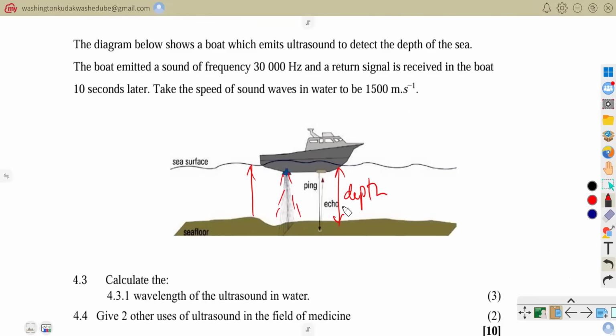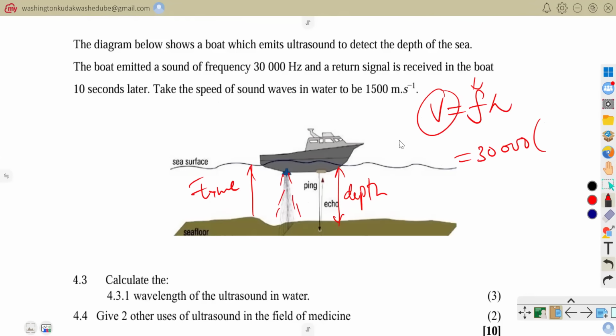So for us to measure this depth, we send some ultrasound from the boat, and we measure the time it takes to come back. Because we know that v equals f lambda, by knowing the frequency of the sound that we sent, which is 30,000 hertz, and the wavelength, we can determine its speed.